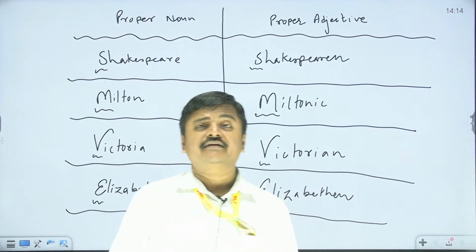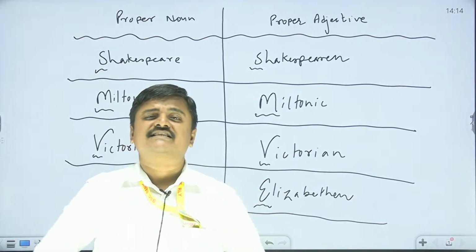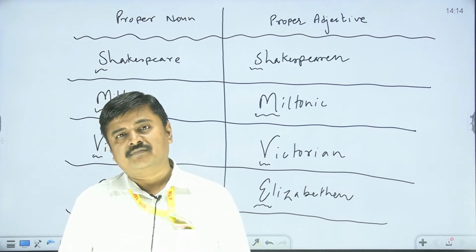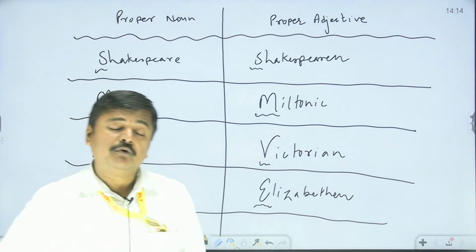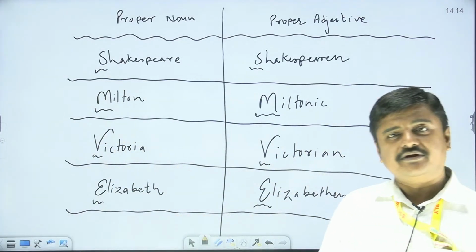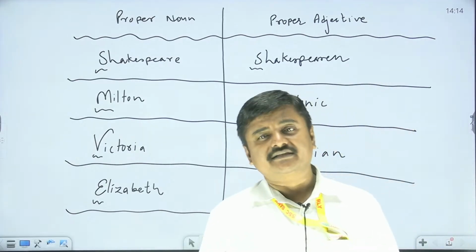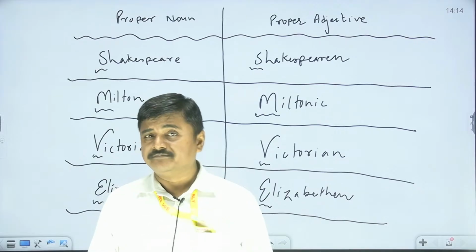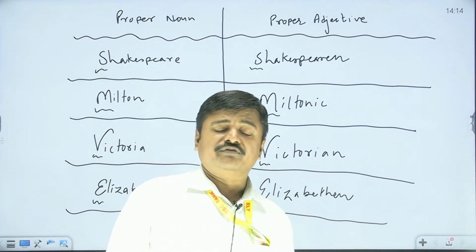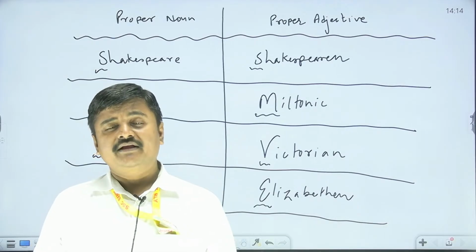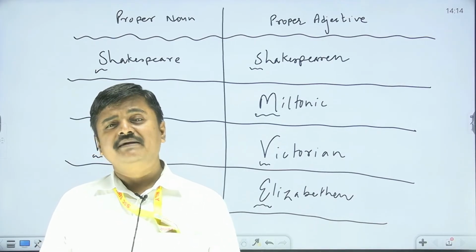That's why both will start with a capital letter. So here we came to know that it is not always a proper noun that starts with a capital letter. There are some other words as well, and a proper adjective is one of them. So whenever you find a proper adjective, it will start with a capital letter.